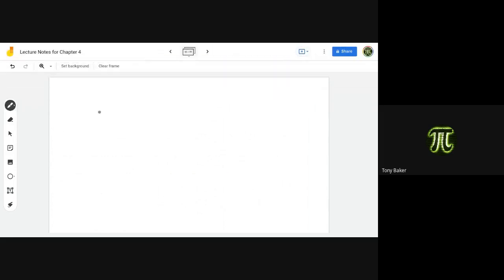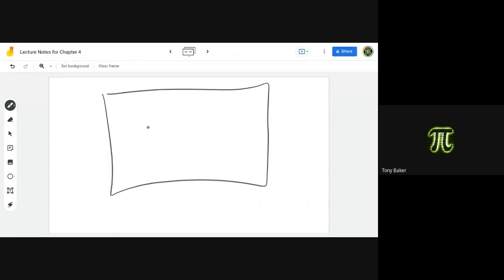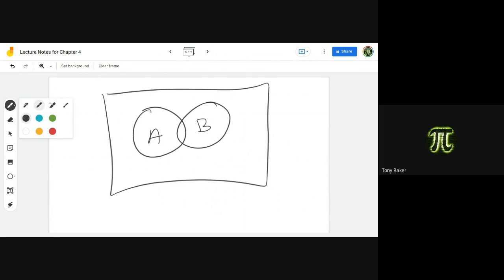All right, so these come from A, B. Anybody know what this is? Starts with a V. It's a Venn diagram. So if we were looking for the first one, it was A and B. That is the intersection.